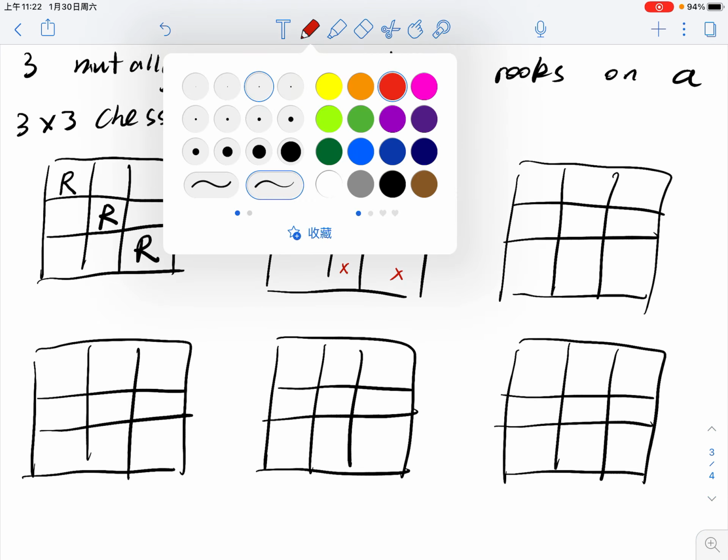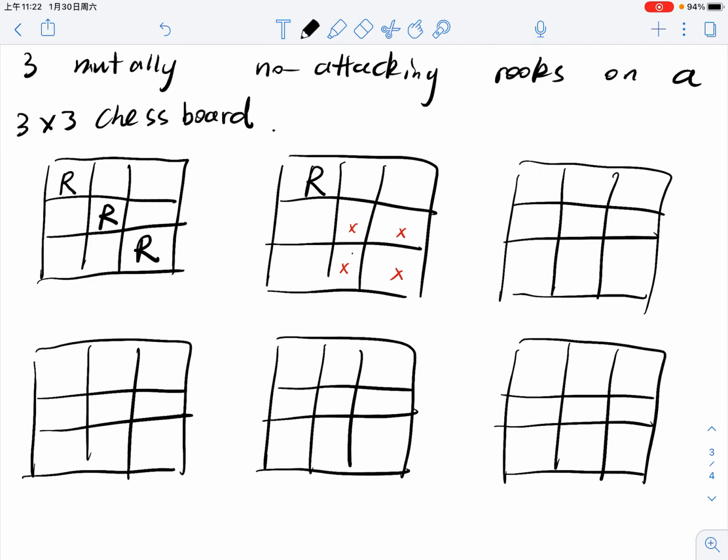And then we choose this one, and then the last one must be here. Okay, then it's easy to verify. If you fix the first rook, then these two configurations are the only possibilities. Now, if you change the rook to this position, then similarly, you can have two configurations.